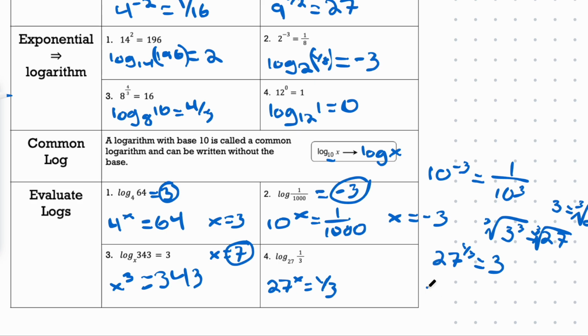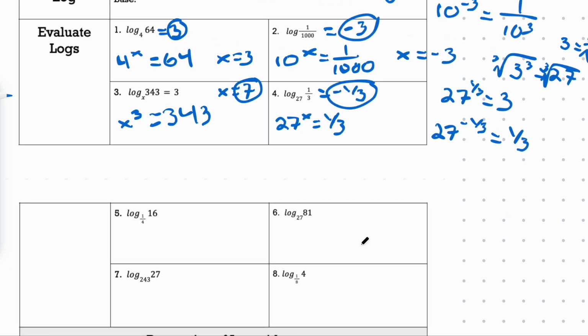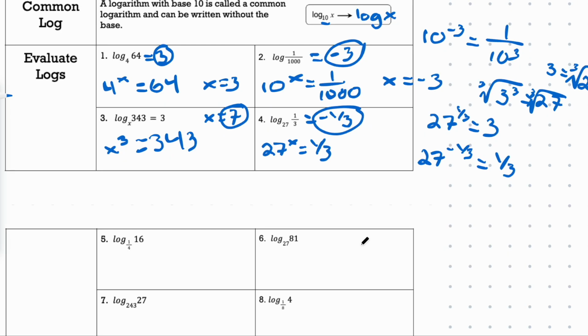So I would have to say 27 to the negative 1/3 power equals 1/3. That's how I get this equals negative 1/3. So a lot of this, for me, I like exponents more. I'm more comfortable with it, so I just do it this way.